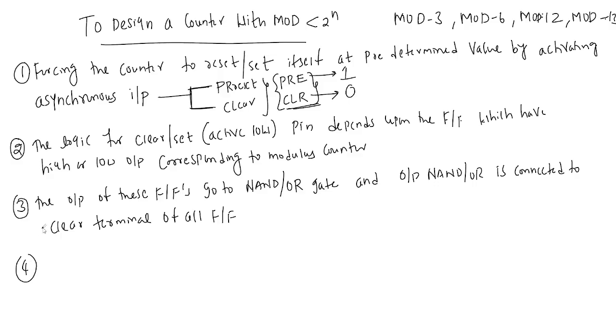If it is active low clear, the flip-flop outputs go to a NAND gate that is connected to the clear signal. For active high clear or set pin, which gate do you need to use? AND or NOR gates. Is it fine?